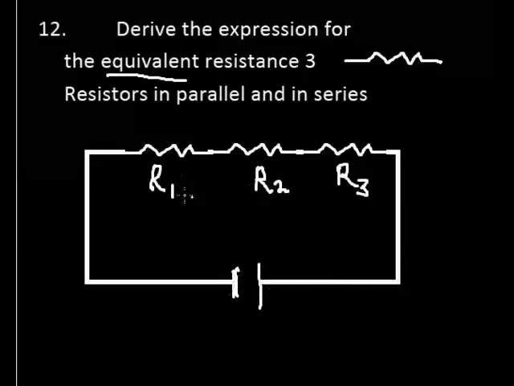So once you connect, this is called series connection, okay. Once you connect the cell and the resistors in series like this, what happens? Current flows. The current enters the resistor, the same current goes through this resistor, so the same current passes through all of them, okay.